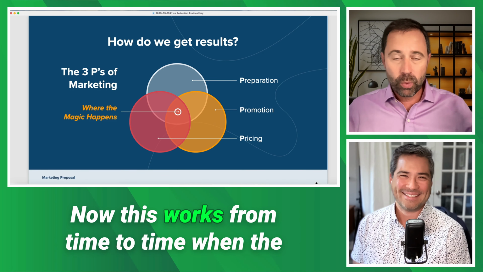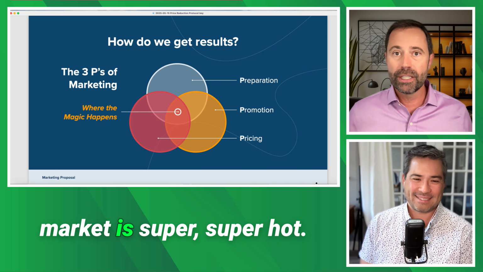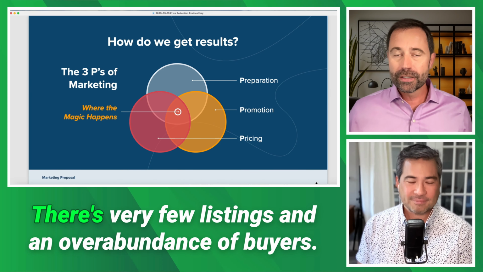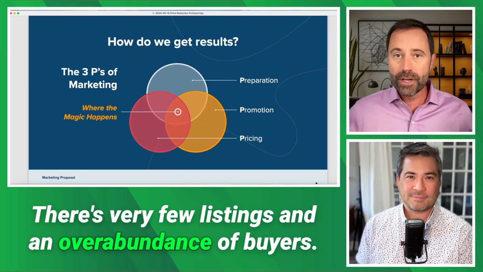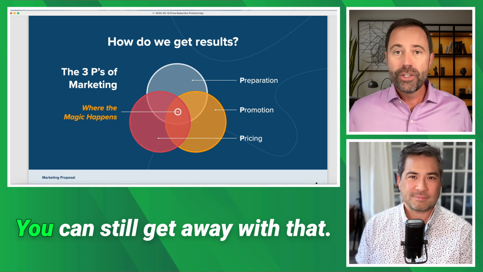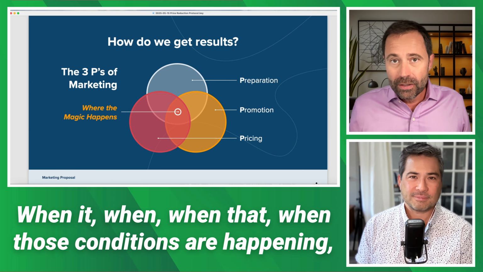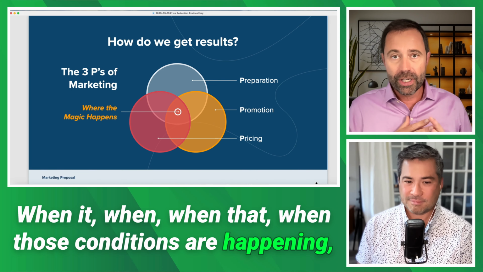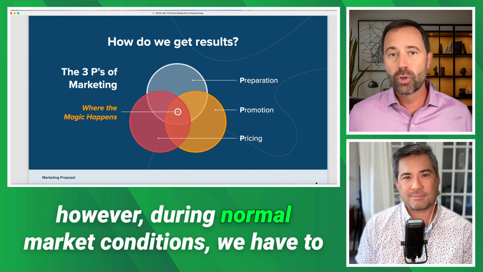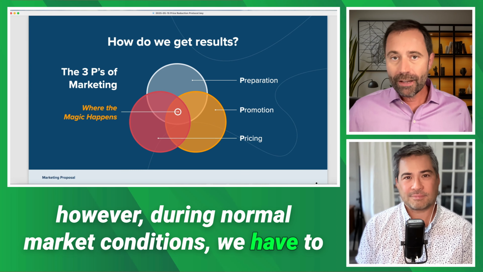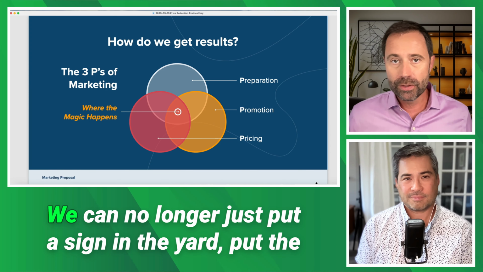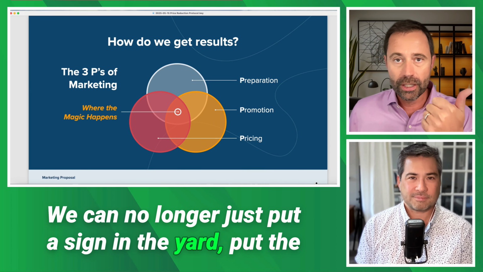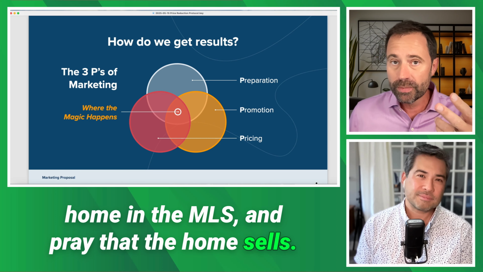Now, this works from time to time when the market is super, super hot. There's very few listings and an overabundance of buyers. You can still get away with that when those conditions are happening. However, during normal market conditions, we have to pivot and adjust the 3Ps. We can no longer just put a sign in the yard, put the home in the MLS, and pray that the home sells.